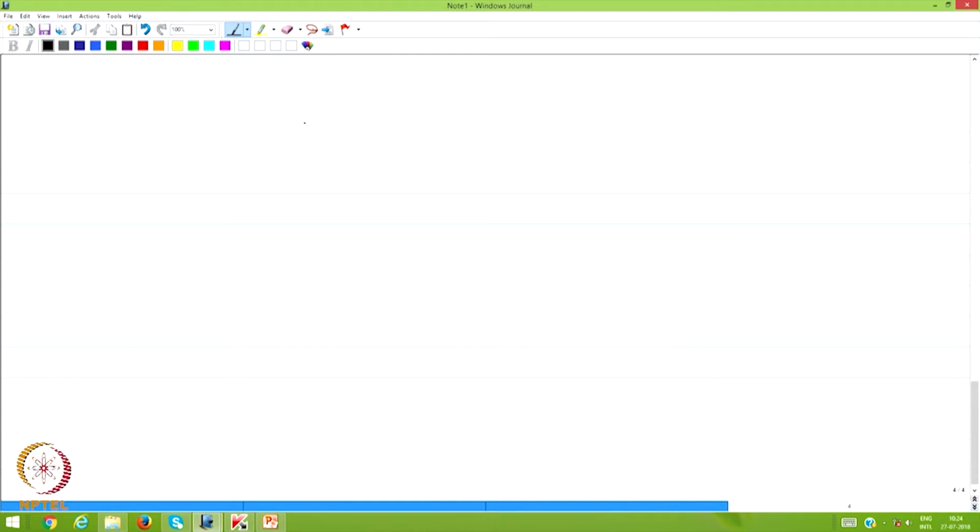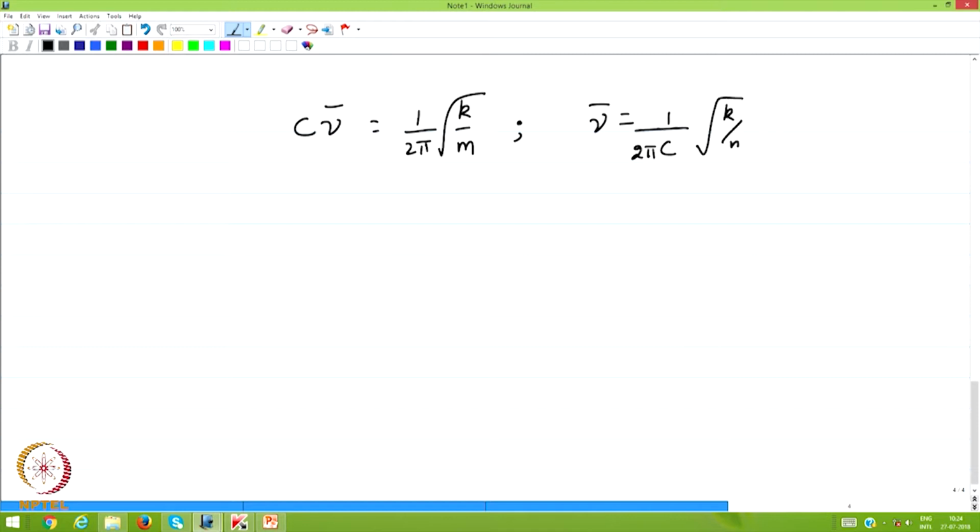If I write c nu bar as 1 by 2 pi square root of k by m, then nu bar is 1 by c 2 pi square root of k by m, and therefore k is 4 pi square c square nu bar square times m.